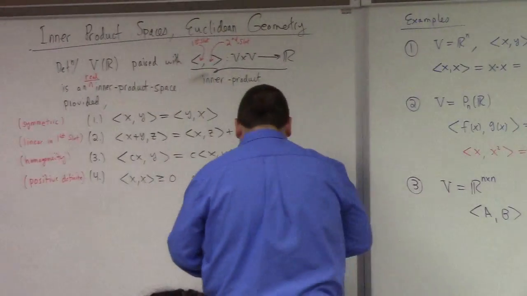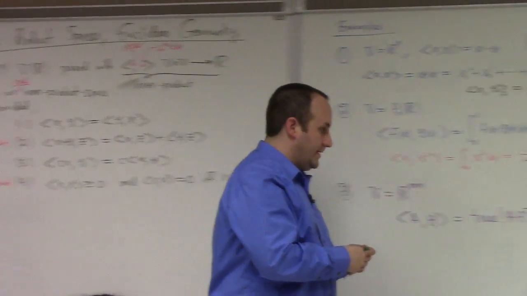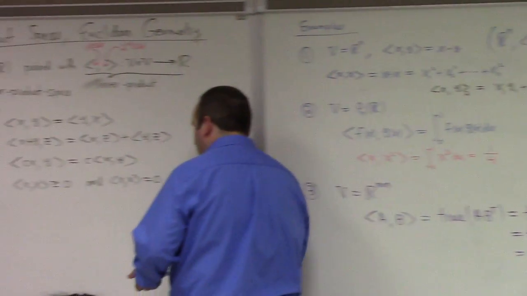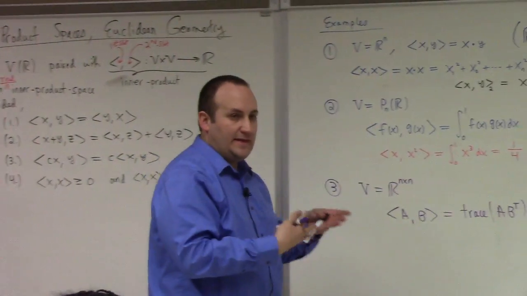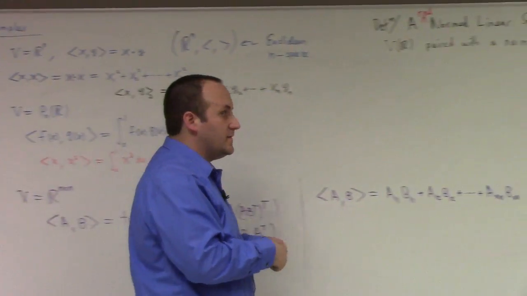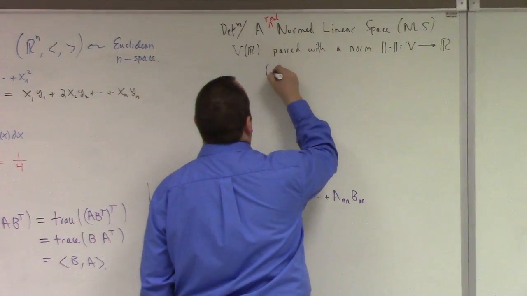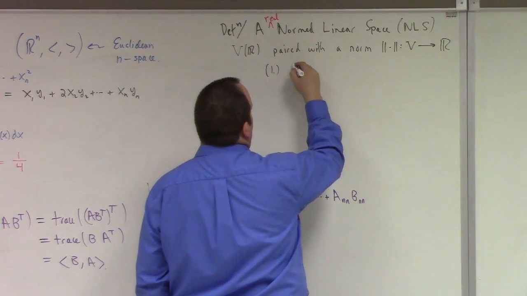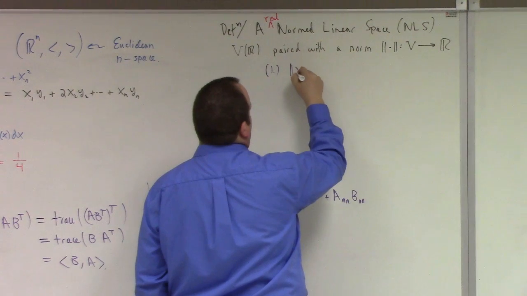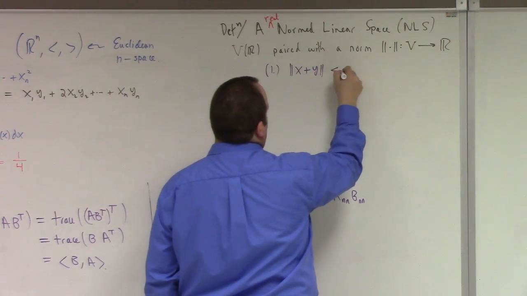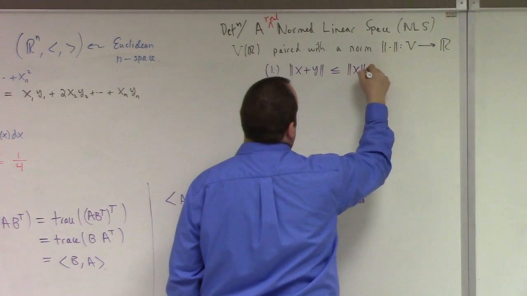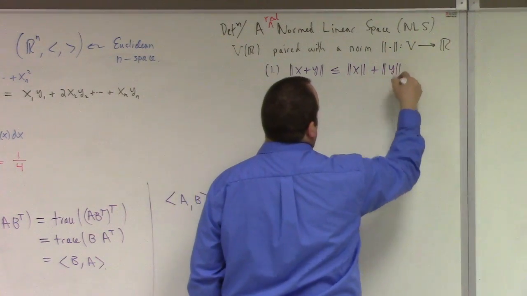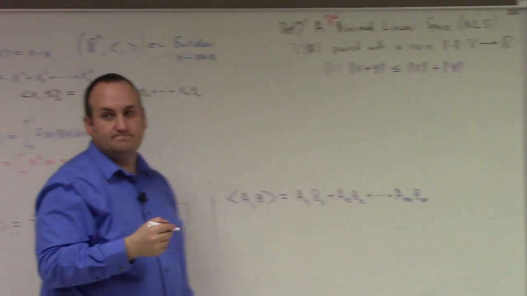What are those basic axioms? When you think of norm, intuitively you should think of length. It's a vector length. So first of all, the length of the sum of two vectors is less than or equal to the sum of the lengths. It has this triangle inequality.